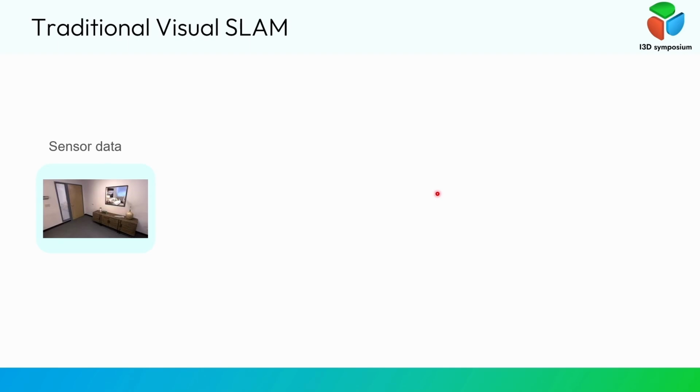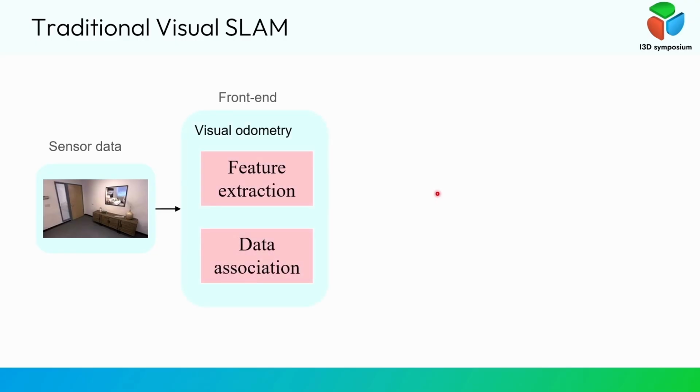Traditional visual SLAM usually starts with sensor data, sometimes RGB, sometimes RGBD, but as we know, RGB without depth is a little more challenging compared with RGBD input data. Then in the front end, there is visual odometry to estimate the camera pose, and they do feature extraction and data association.